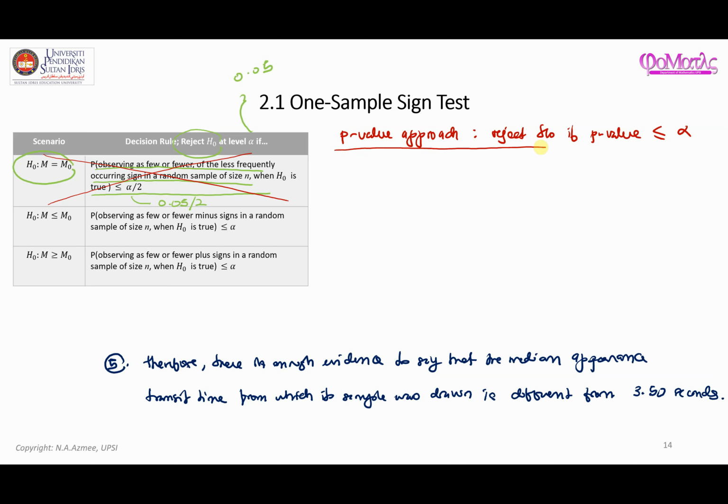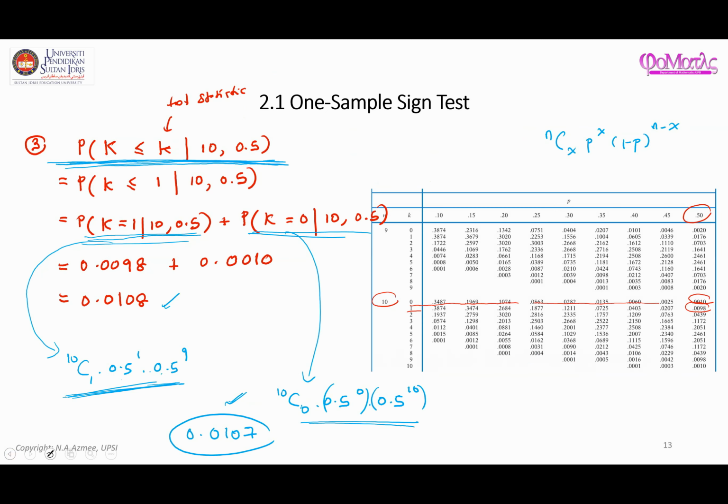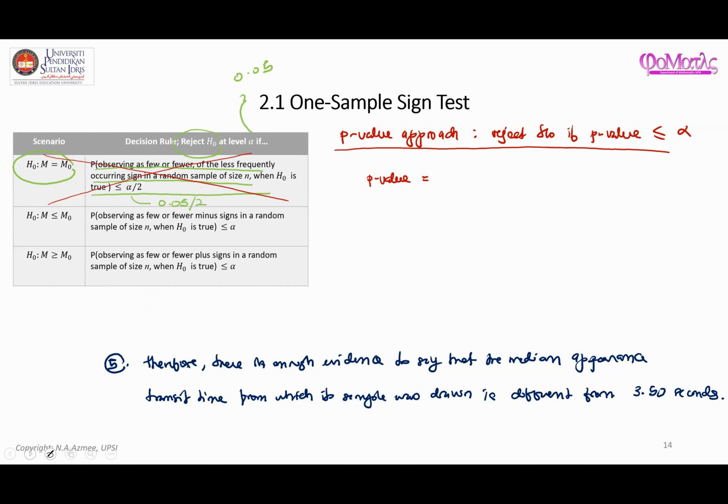So in this case, you need to find what is our p-value. The p-value in our case here is the value of probability that you get, 0.0108, and you have to multiply that by 2 because this is a two-sided test. 0.0108 is just referring to one side, and therefore you have to multiply it with 2, and here our p-value is about 0.0216.